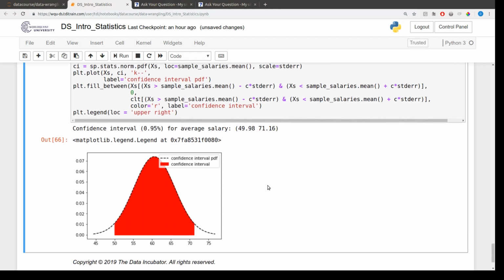Interestingly, this tells us that since $70,000 a year falls within the 95% confidence bounds, there's only 2.5% probability over here, 2.5% probability over here.